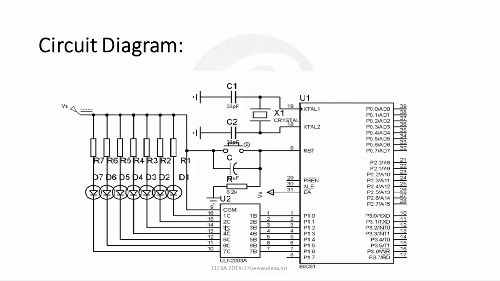This is known for high current, high voltage capacity, and its typical usage is in driver circuits for relays, lamps and LED displays. 7 LEDs are connected through resistors in parallel from a DC voltage source. You can also see the typical crystal and reset circuit here and here.